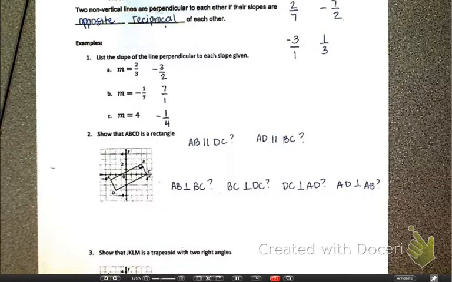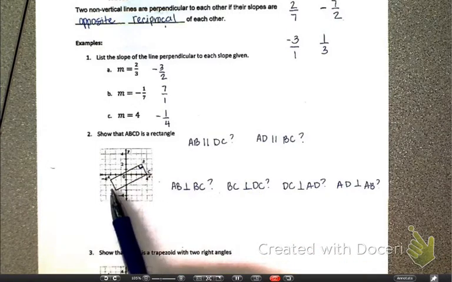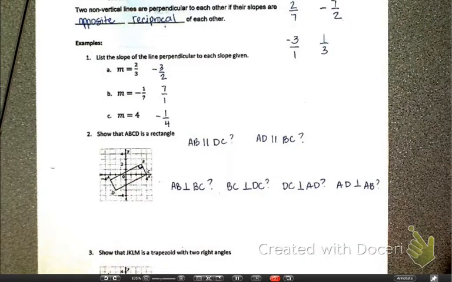Either by yourself or with your group, take a second and determine what the slope is of each of these lines. So I would start with the parallel lines and then we can fill in the rest. You can use the slope formula or you can count, up to you.